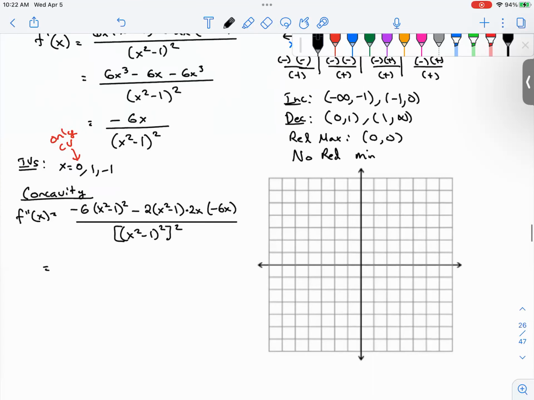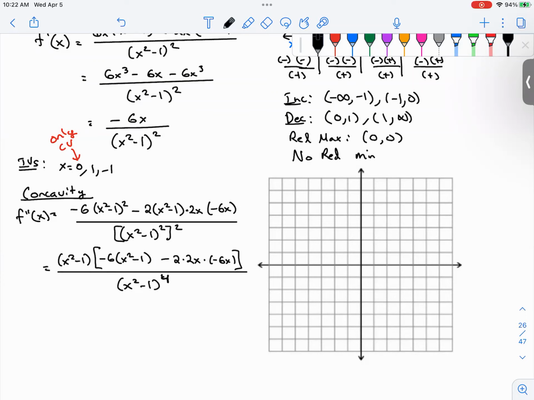So what we're going to do, x squared minus 1 out front. And now we've got -6 times x squared minus 1 minus 2 times 2x times -6x, all divided by x squared minus 1 to the 4th.